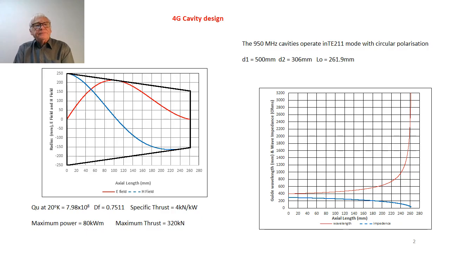The E and H field diagram to the left of the slide clearly shows the single half wavelength operation of this particular cavity. And you'll remember that we use this single half wavelength operation basically to reduce the Doppler shift under acceleration.